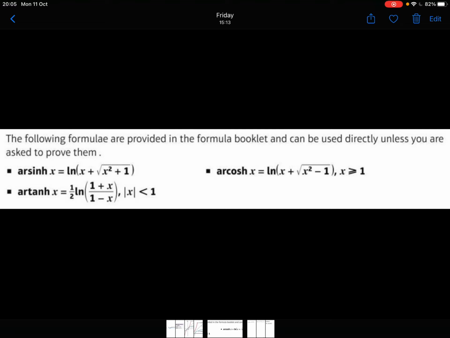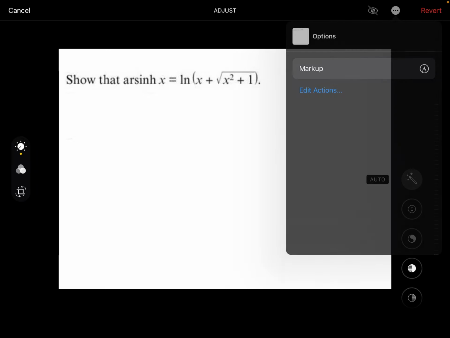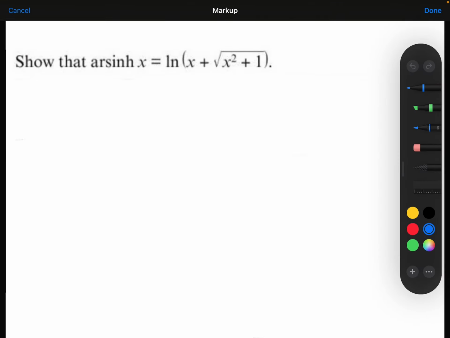We're going to prove that arsinh x is defined in terms of logarithms as ln of x plus the square root of x squared plus 1. So let's start off with that one. First thing I'm going to do is say let y equal arsinh of x, and then I'm going to take sinh of both sides.